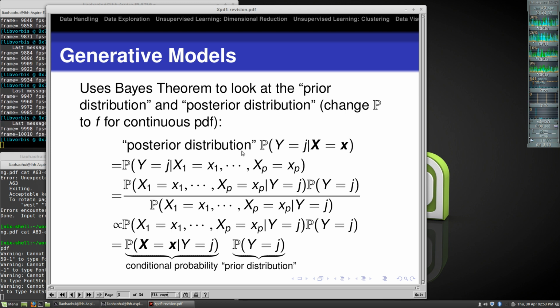Normally in this kind of approach, we have the output class of the data, the class of the response, so we would have the prior distribution. The key thing is to estimate the conditional probability. The prior distribution normally is not difficult to estimate.